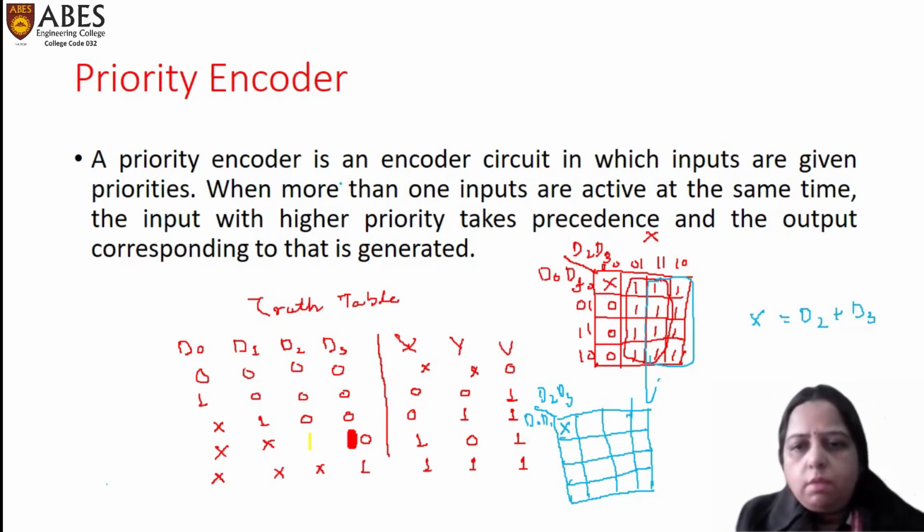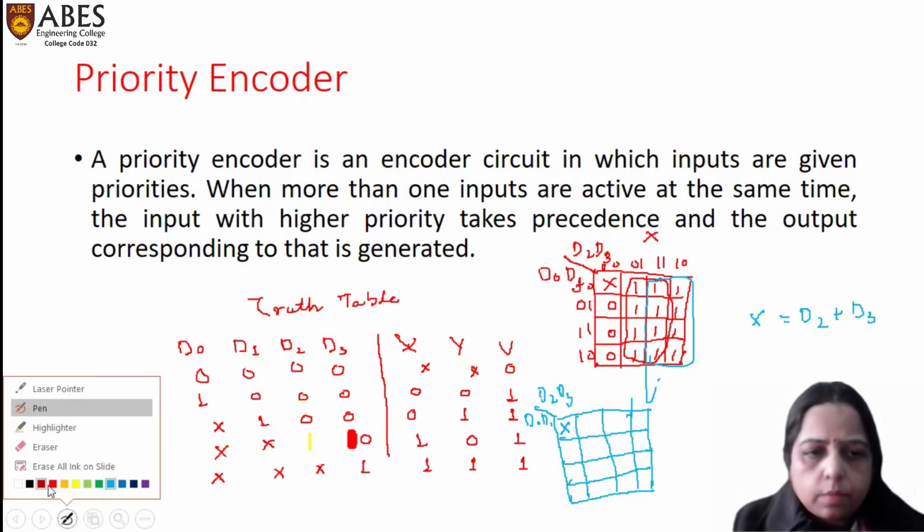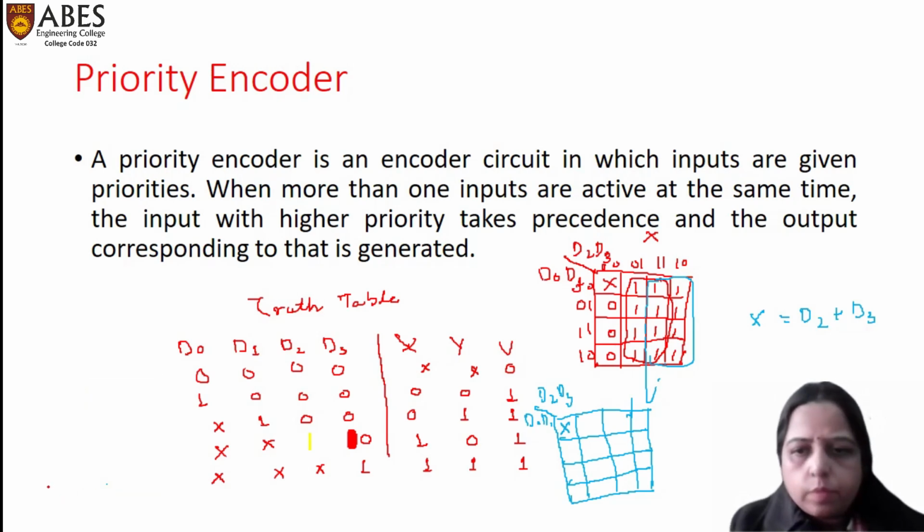So in this case, for D0, D1, D2, and D3, for don't care 100, we have 1.